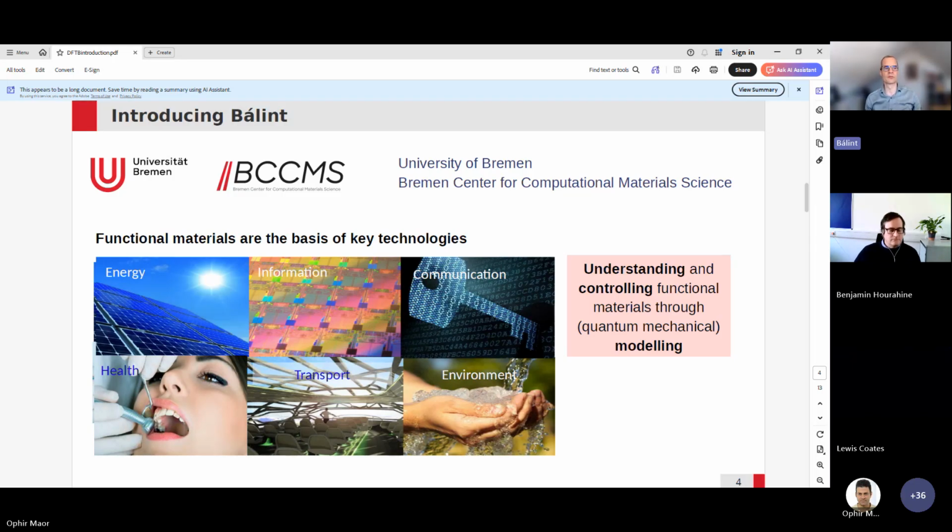And we have different groups on different modeling scales. And I belong to the group which is working on the atomistic quantum mechanical scale. And this is also my specialty. And of course, most of the time I'm also doing code development, so the DFTB plus code, which was already mentioned, and Ben and I are basically the main developers of the code. Next slide, please.